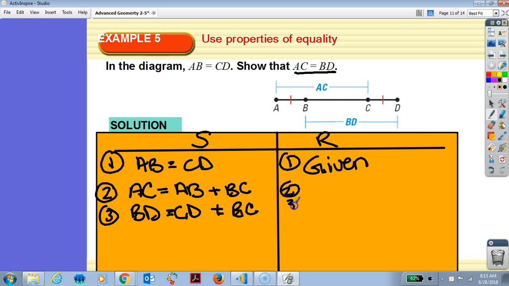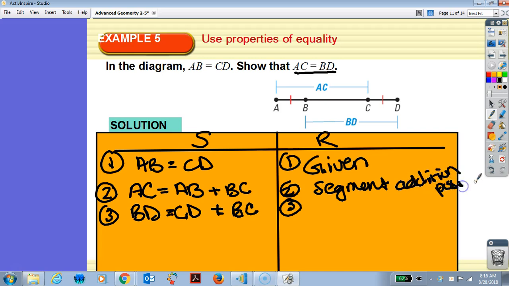And how do we know those? Segment addition postulate.